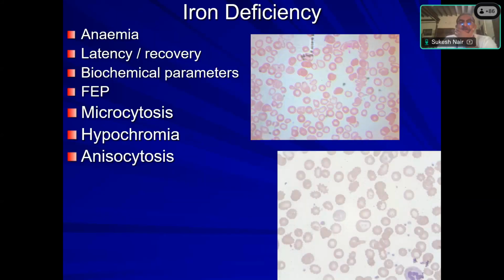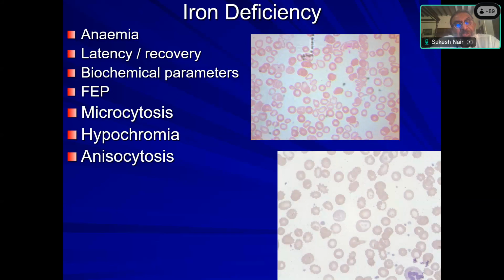Now coming to the most common hematological condition in the world, iron deficiency anemia. I'm sure you may have seen that at least 70% of your slides show anisocytosis with microcytosis and hypochromia, isn't it?